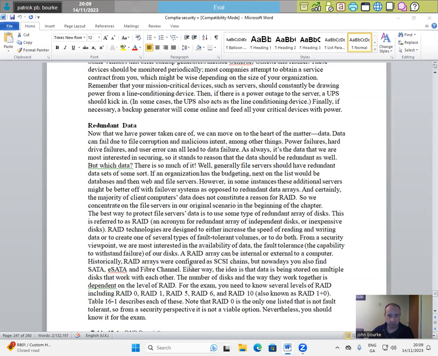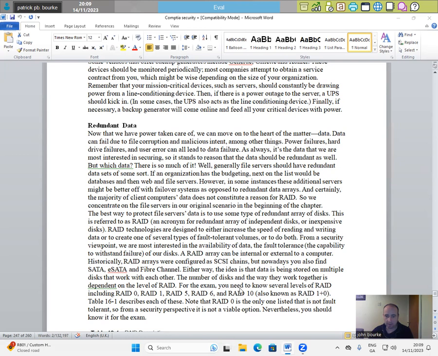Historically, RAID arrays were configured on SCSI chains, but nowadays you also find SATA, eSATA, and fiber channel. Either way, the idea is that data is being stored on multiple disks that work with each other. The number of disks and the way they work together is dependent on the level of RAID.